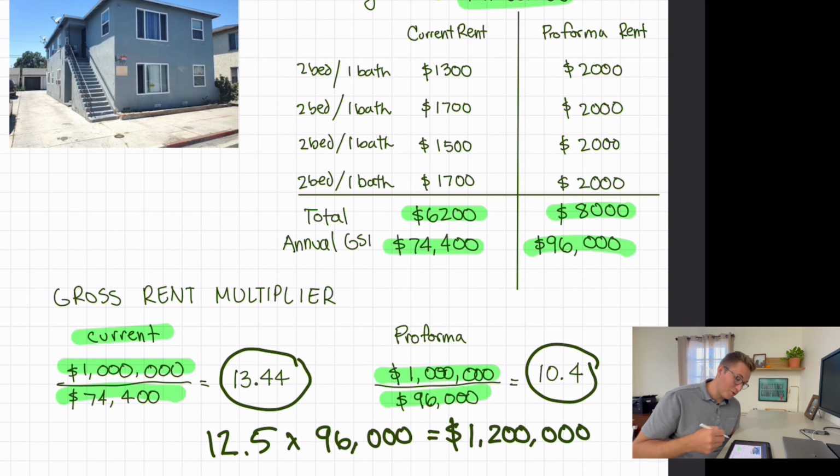Essentially we would be buying this property for $1 million, as you saw up here, and once we invest a little money into it, raise rents, and fix it up, we should be able to resell it or refinance it at 12 and a half times gross. So our exit value is 1.2 million. This is how I would typically use gross rent multiplier when looking at properties.